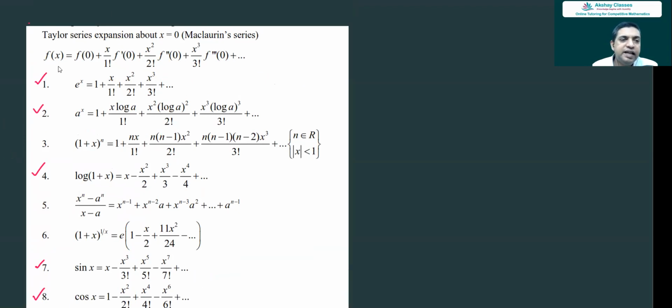You have converted any complex function into an algebraic type of function in a series expansion, where f of 0, f dash 0, f double dash 0, f triple dash 0 are all constant coefficients. So we get a power series, and to how much power you want to approximate, you can approximate.